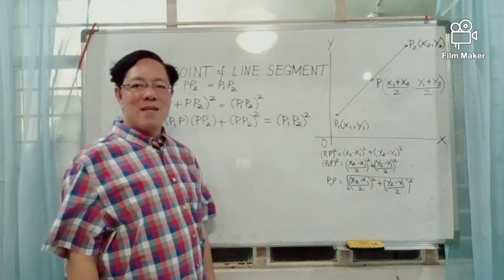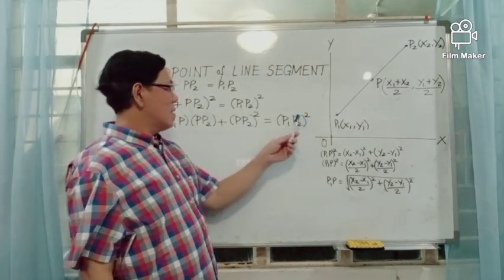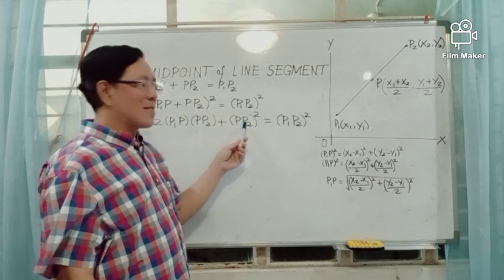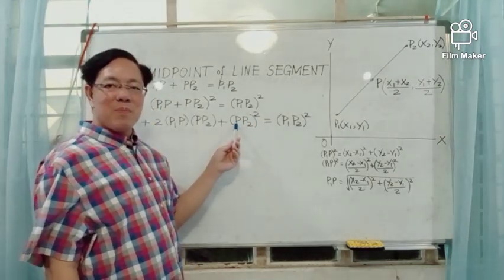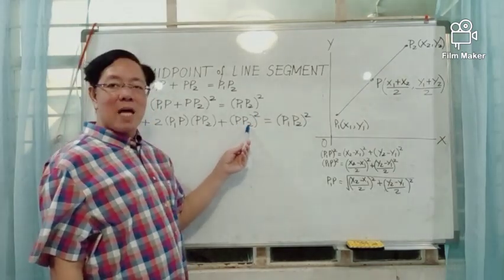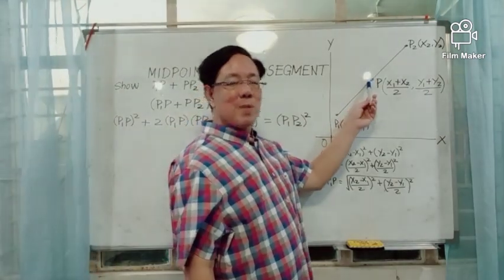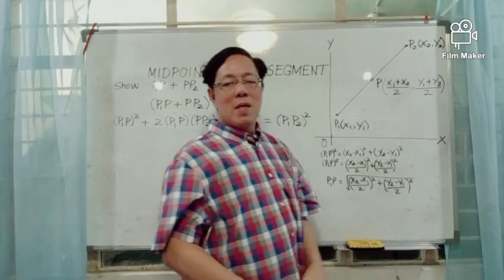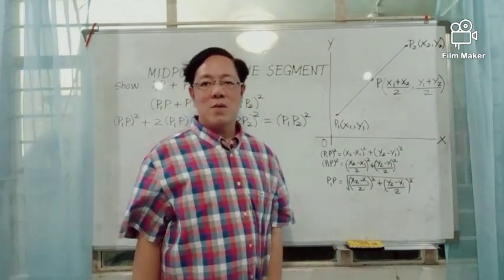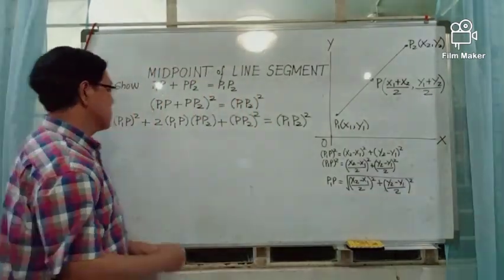Now we will get the square of the distance between the midpoint P and the second endpoint of the line segment, the square of the distance between P and P2. And we will obtain that by using the distance formula.